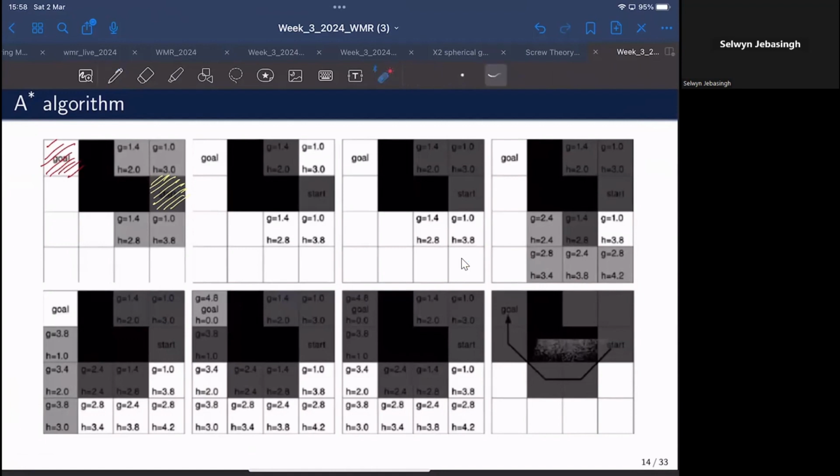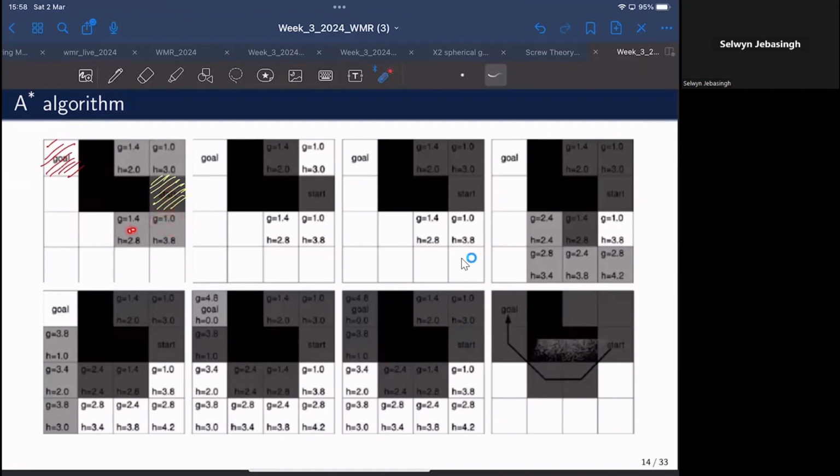Path cost is nothing but the cost of movement from the start position to the node under observation. For example, if you're moving from here to this node, the path cost would be simply 1 unit because you only need to commute 1 unit downwards. So that is why this g of n is 1 unit.